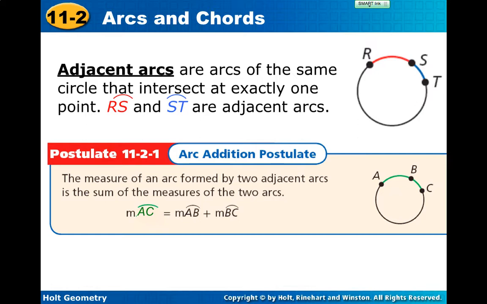Those major arcs are going to have degree measures that are more than 180 degrees. You could find them by subtracting from 360. You could probably use this arc addition postulate to figure them out also. So you can add arcs together.